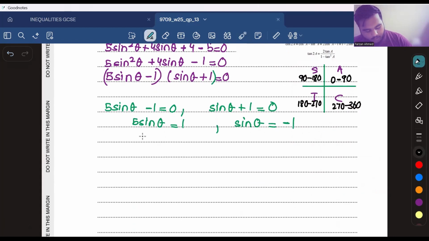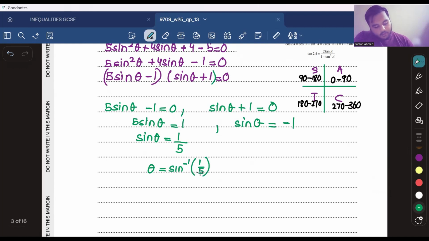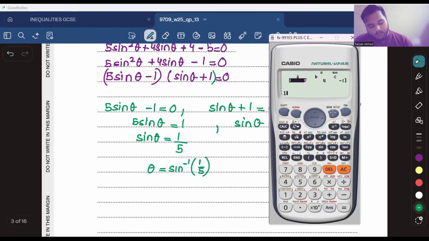So sine theta is equal to 1 upon 5. So theta is equal to sine inverse of 1 upon 5. Sine inverse 1 upon 5 is equal to 0.201.